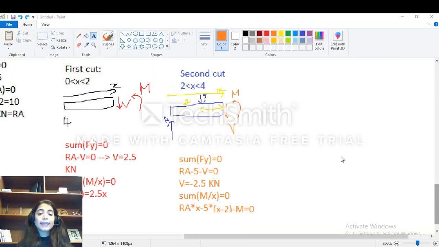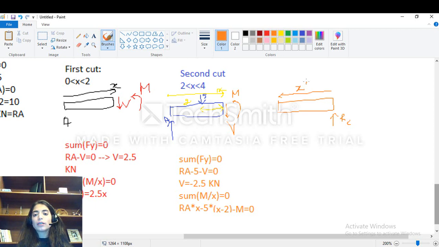Now guys, let's take the right part of the second cut to prove that you will have the same answer. Now, the right part is much easier because I only have one reaction, alright? So this is the right part. Let's say this is RC, and I will take this as X prime.